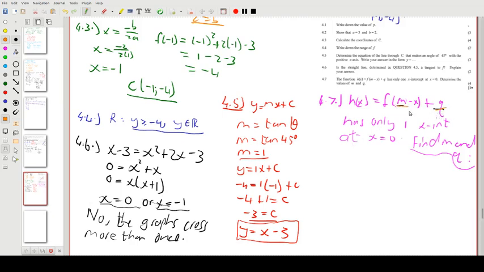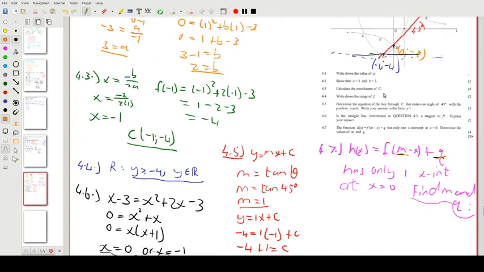Alright, so this is a transformation of the graph. Initially, the important thing here is we can look at the turning point. Initially the turning point was at -1, -4. And we have to get the turning point to 0, 0, right?